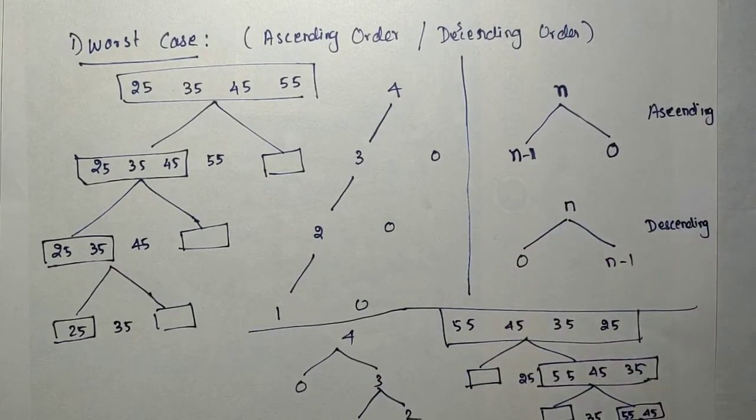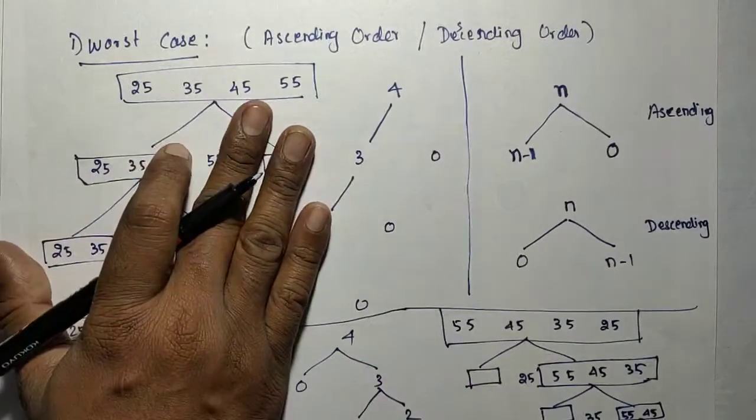So always remember, for a recursive algorithm or divide and conquer algorithm, you will get the best time complexity when your input is divided into n by 2, n by 2. In that case only, in each and every subdivision, the problem is divided into n by 2, n by 2, then only we will get the best complexity.